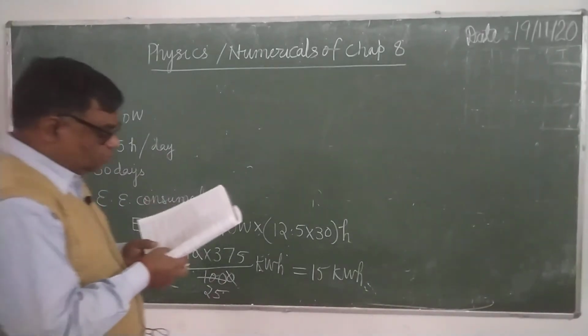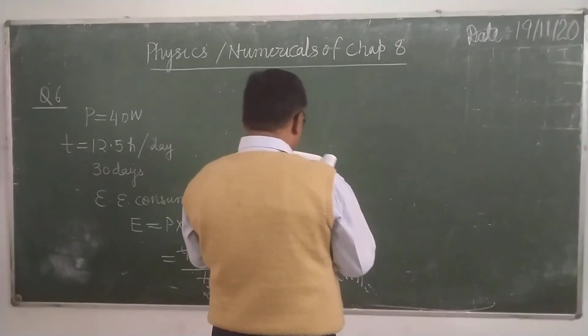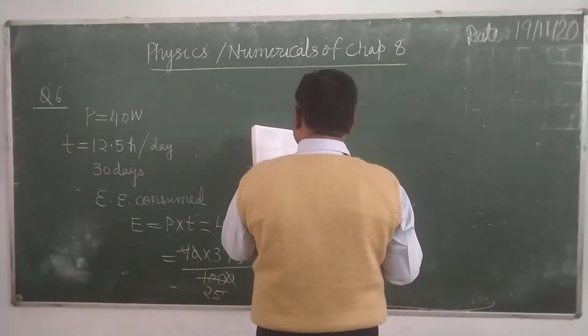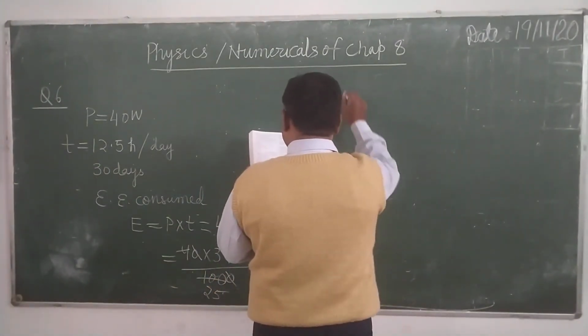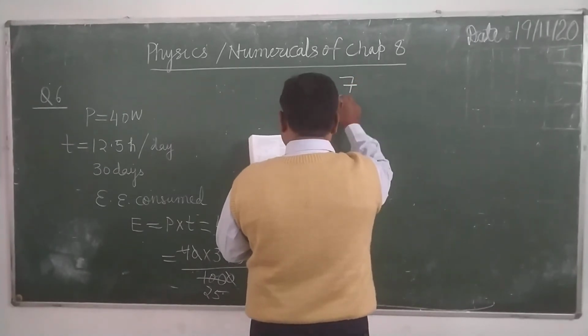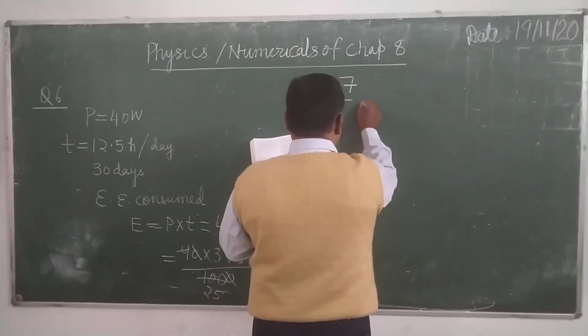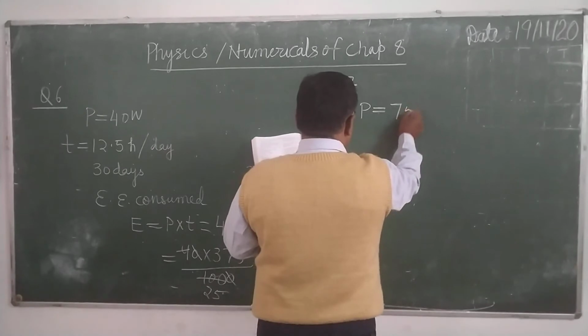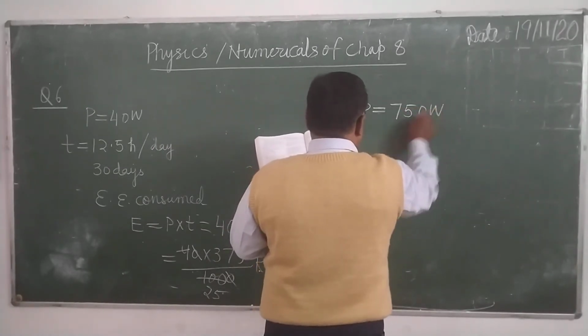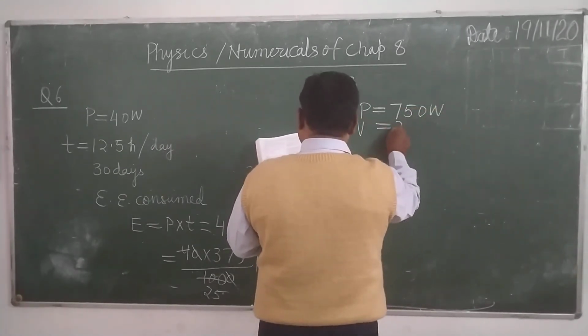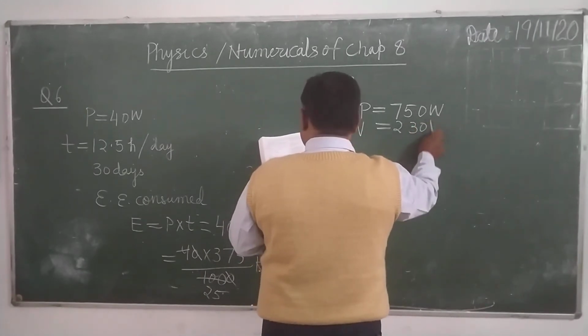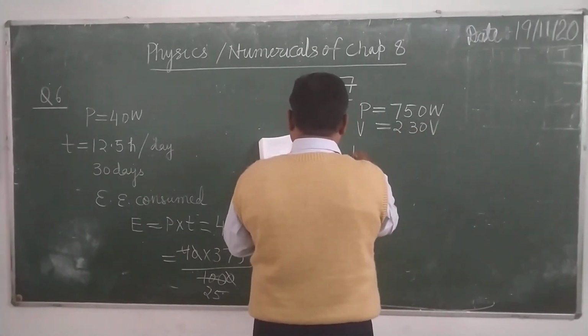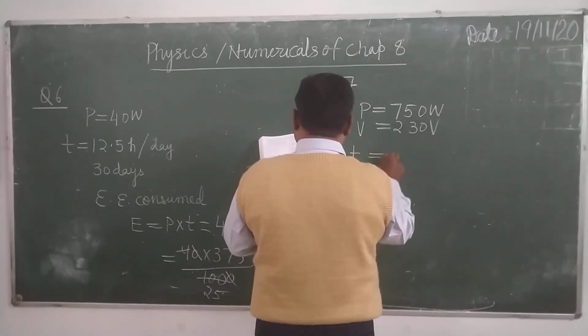Now see here, question number 7. It is also the same. P equals 750 watt and V equals 230 volt. Calculate the electrical energy consumed in 16 hours.